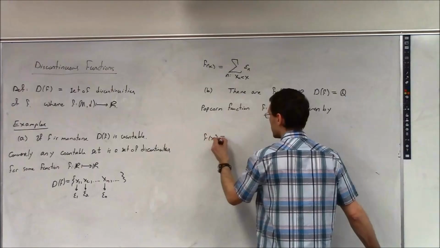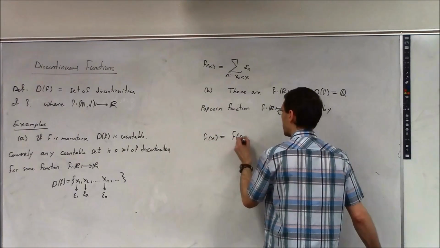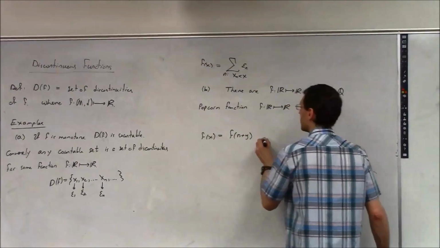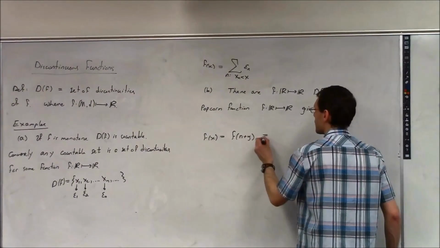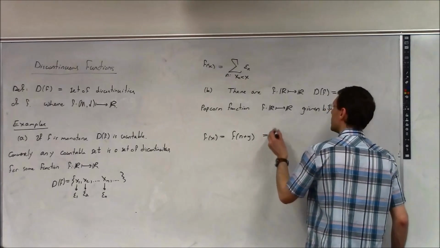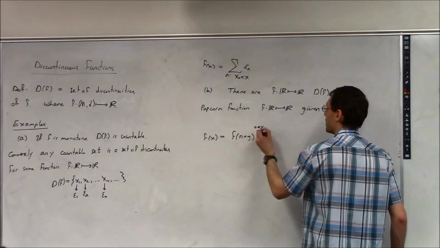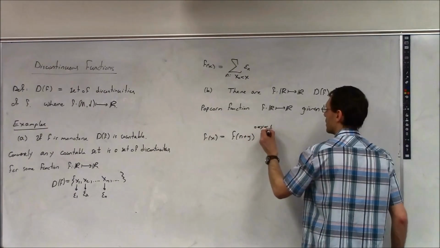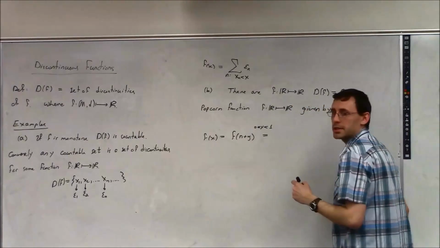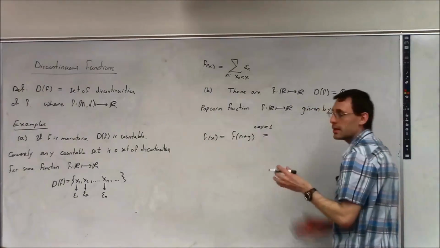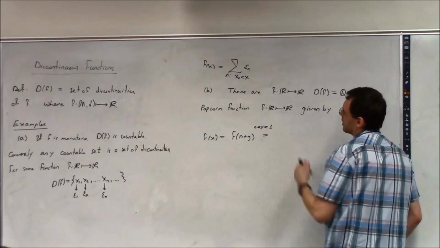f(x) can be written as f(n + y), and here y is a number bigger than or equal to 0 and less than 1, right? So I can write any real number as an integer n plus some element from R that is only between 0 and 1.